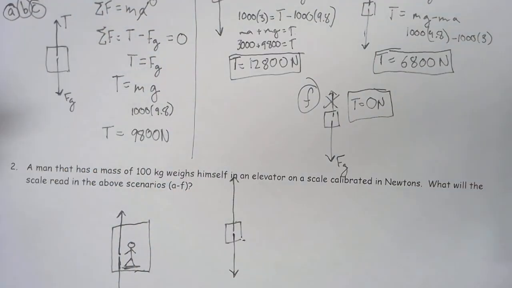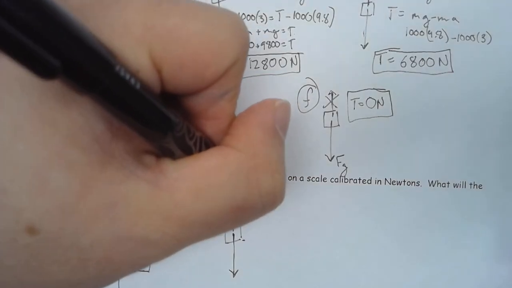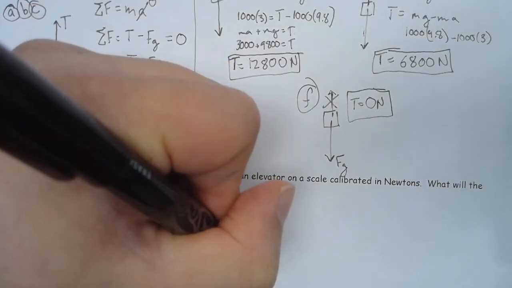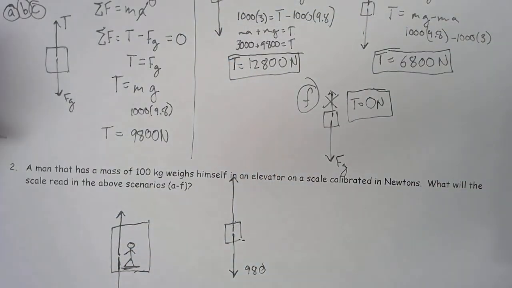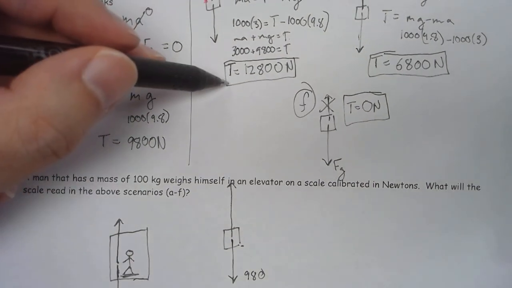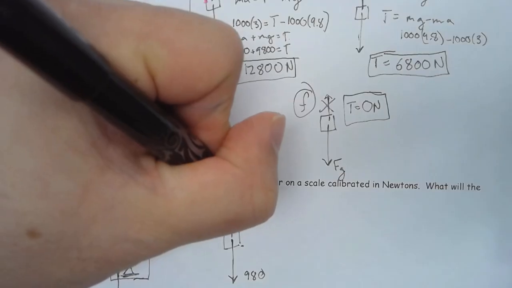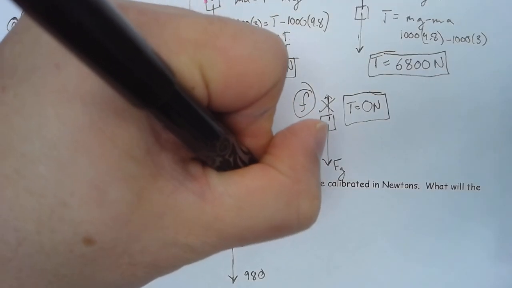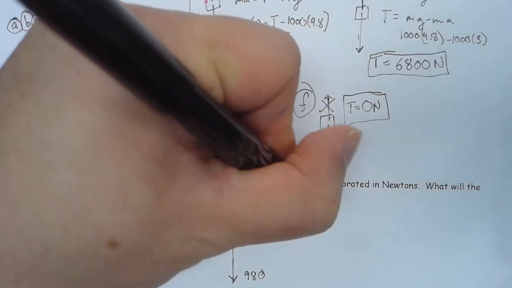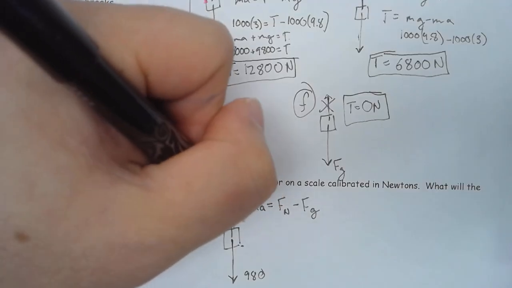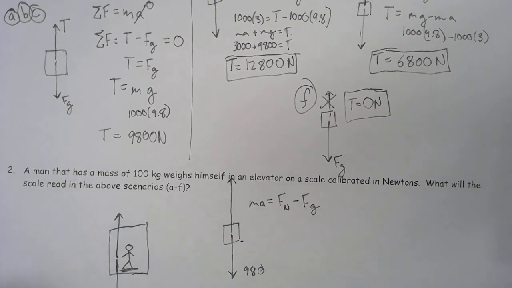If he were to accelerate up, the diagram is the same, so the math is the same as the sample above in part 1. You would have 980 down, but just like in part D, to accelerate up, he would have ma equals force normal minus force due to gravity, and that's mg. That's the net force, and so all the math is the same.